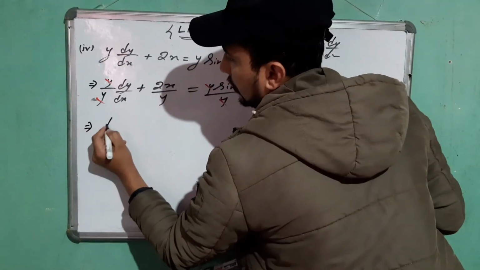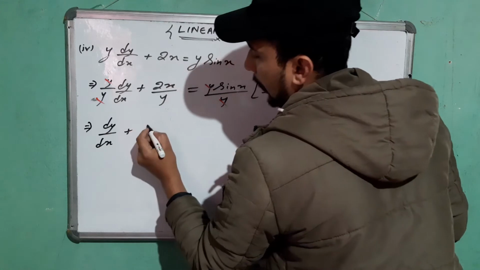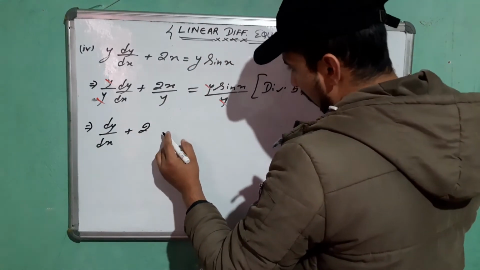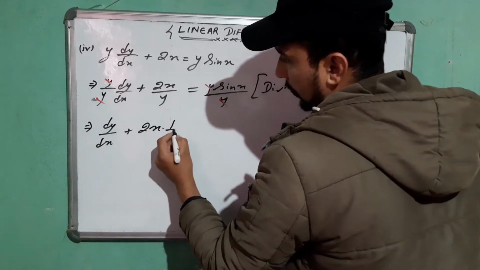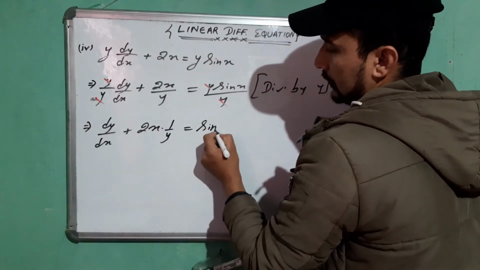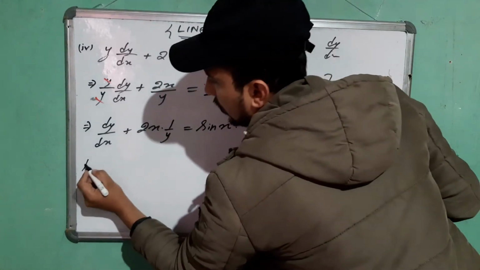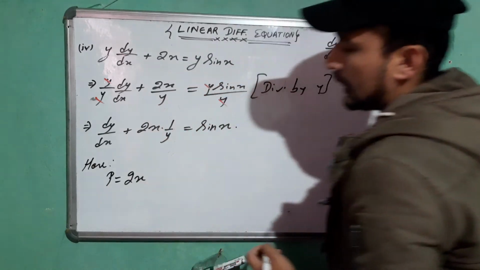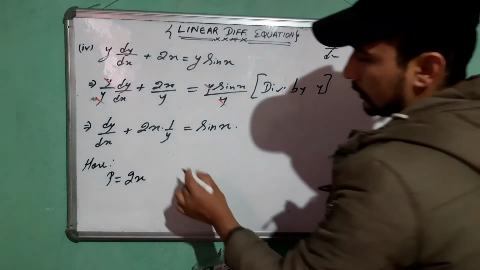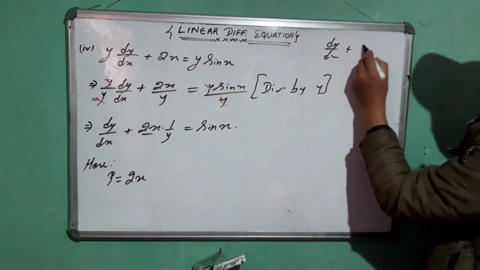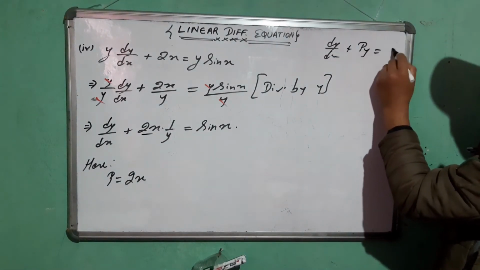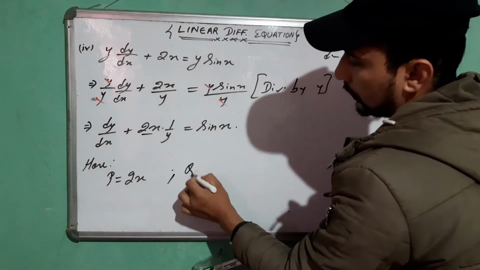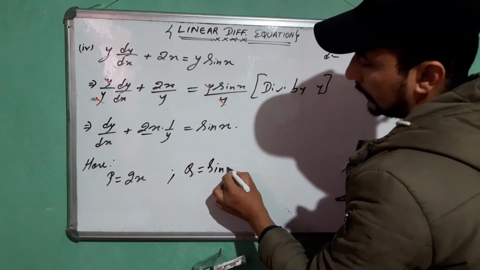So it implies dy/dx plus 2x dot 1 by y is equal to sin x. Now compare it. Here p is equal to 2x. dy/dx plus py is equal to q, isn't it? 2x, q is equal to sin x.